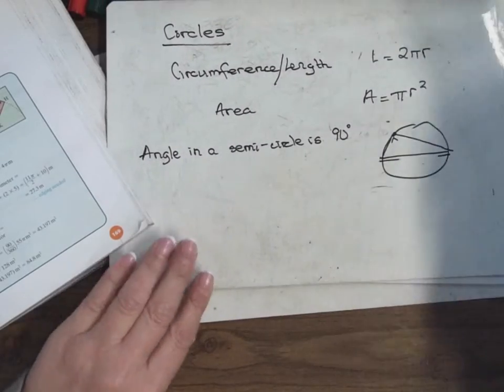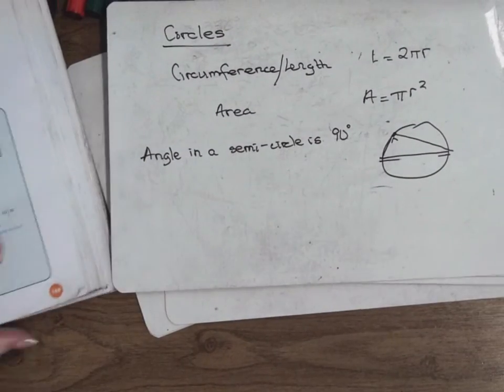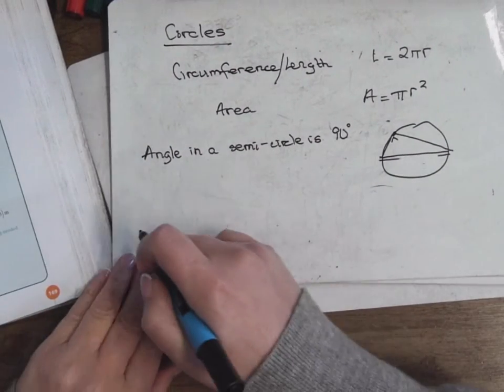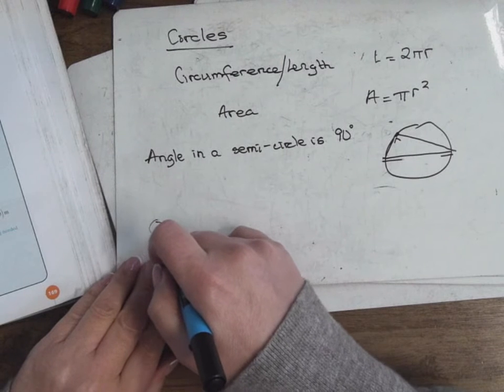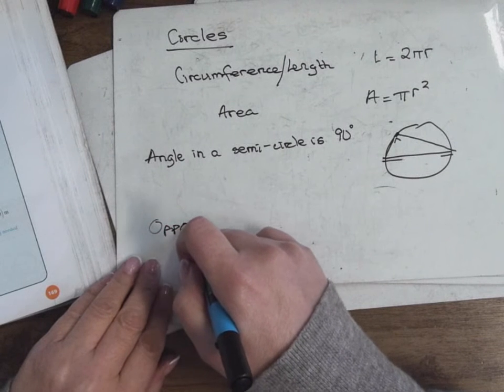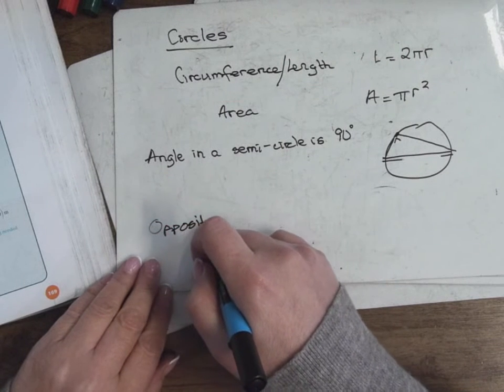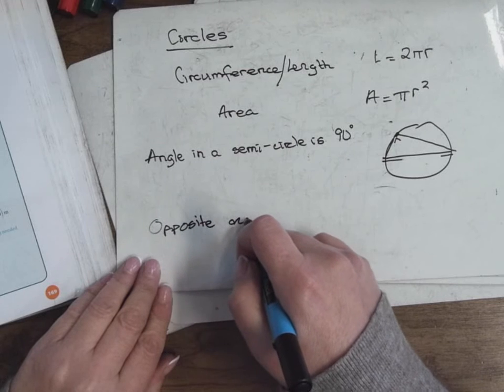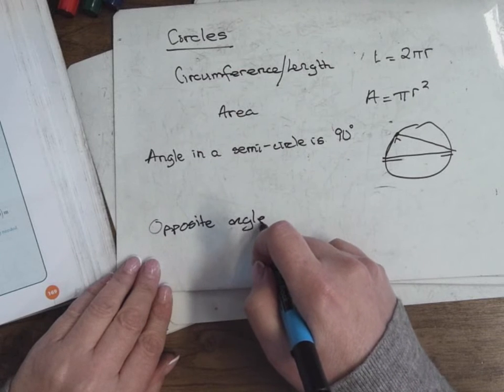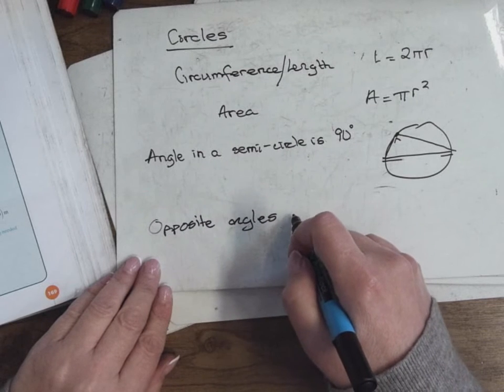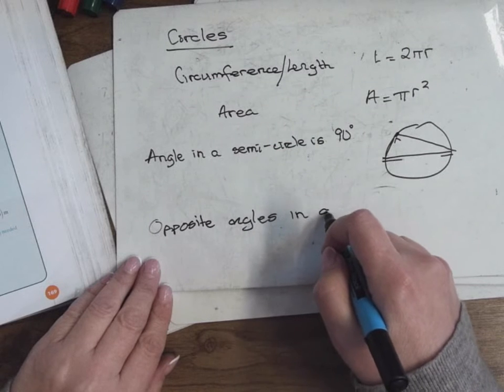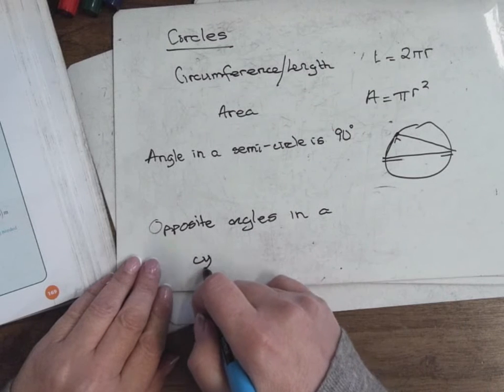The last thing I want to tell you is cyclic quadrilaterals. Opposite angles in a cyclic quadrilateral add to 180 degrees.